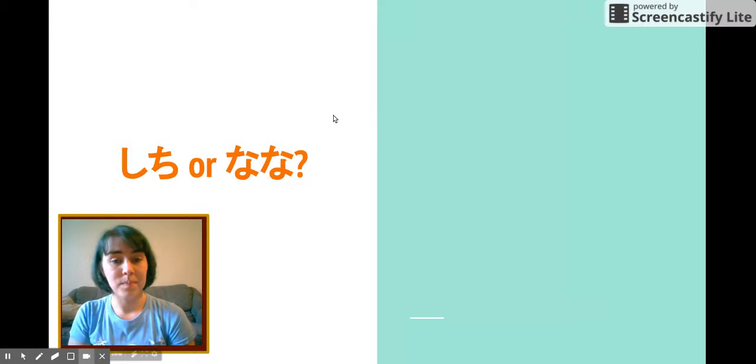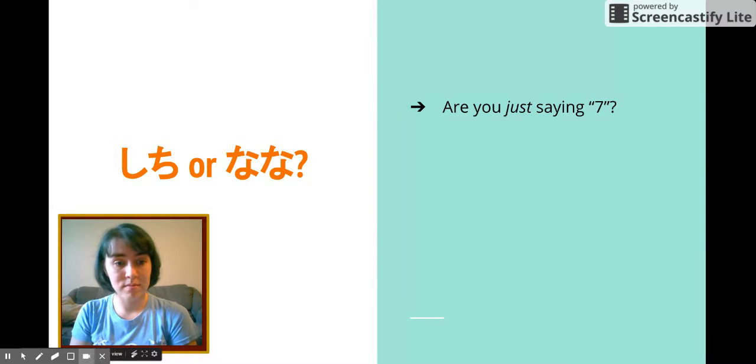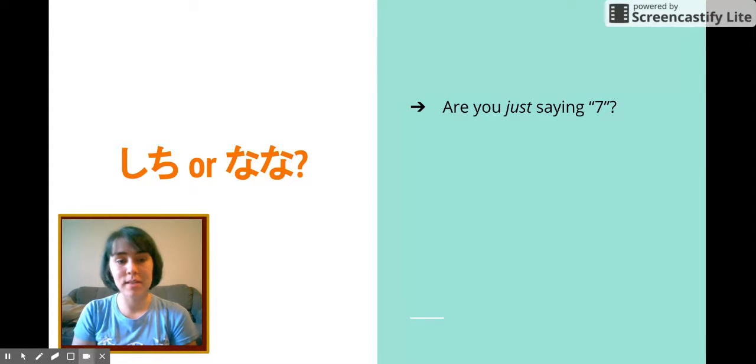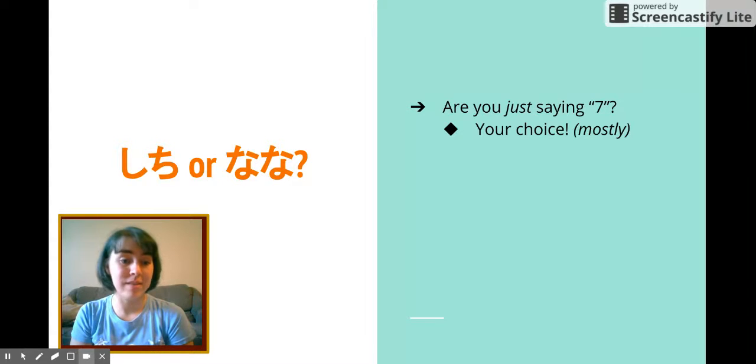Shichi or nana. Are you just saying the number 7? Like, I have 7 of them. You basically get to pick, for the most part. There's no associations with death kanji for the number 7.